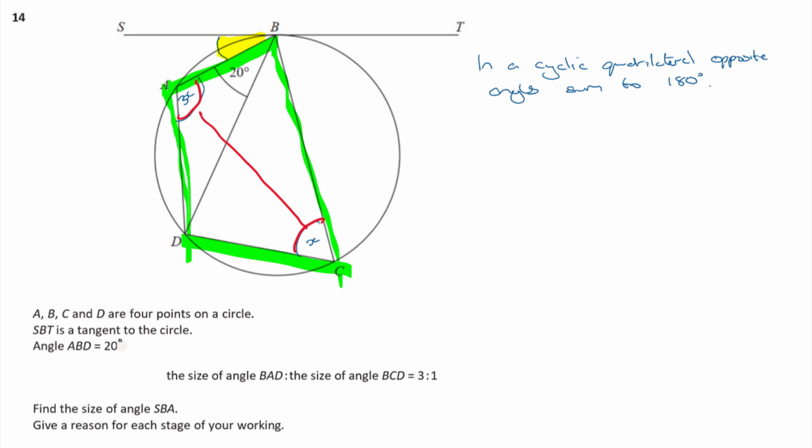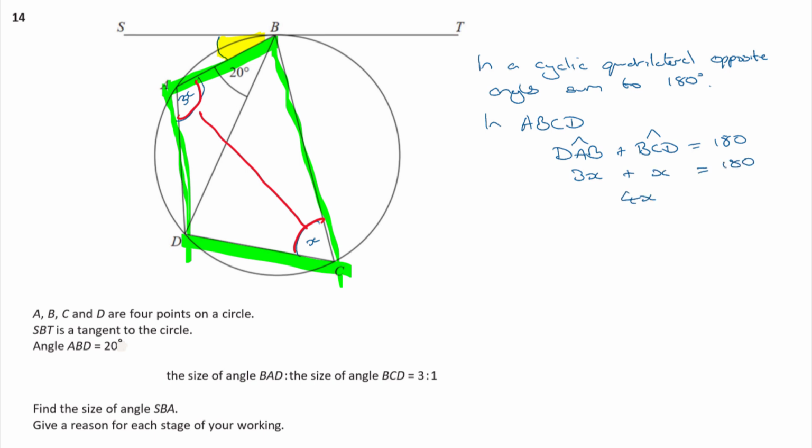Because I can say that in ABCD, angle DAB plus angle BCD equals 180. In other words, 3x plus x is 180.